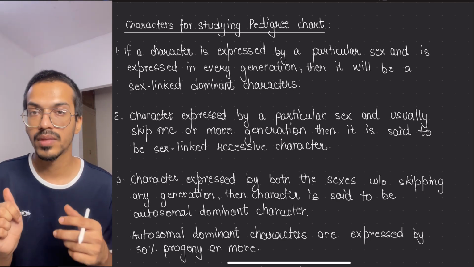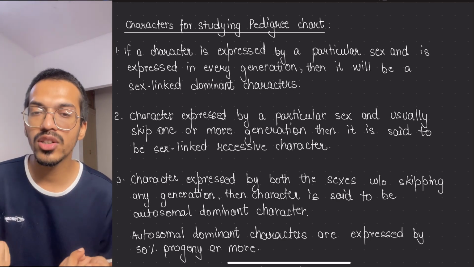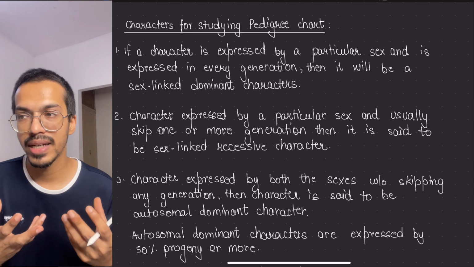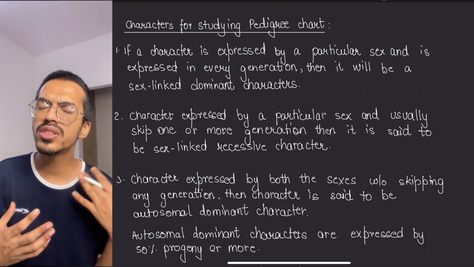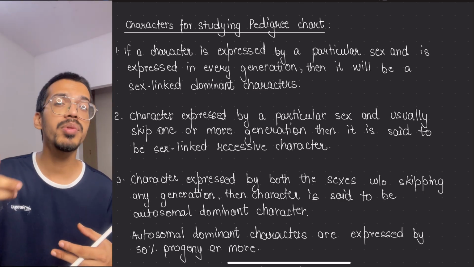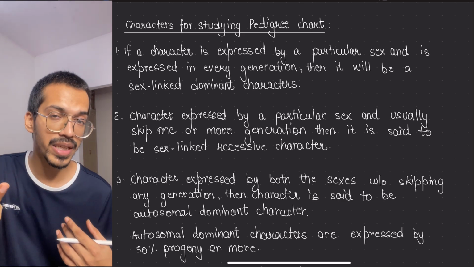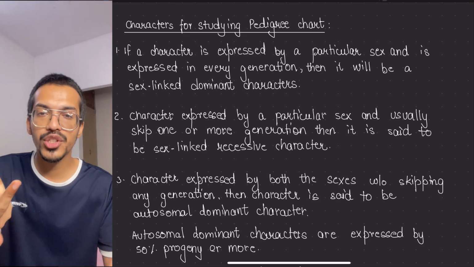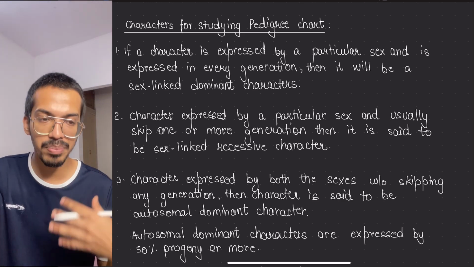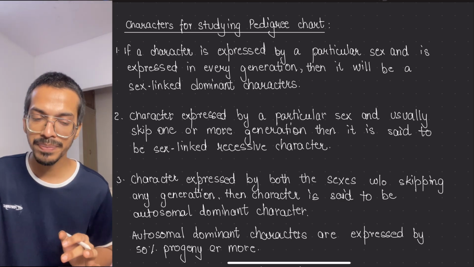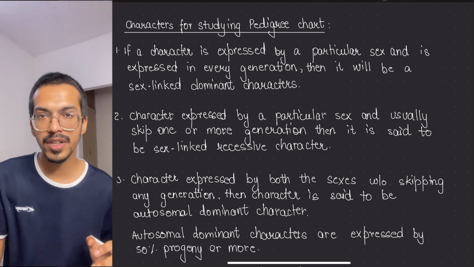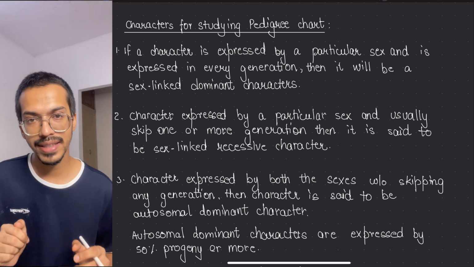Yes, you can tell. Can you tell whether it is a dominant or a recessive character? Yes, you can tell. And the name itself says that if it's dominant, there is a higher probability that it will appear in every upcoming generation of the family in the pedigree. Definitely yes. So how can we find this out?